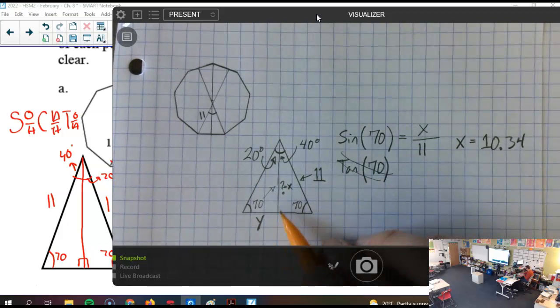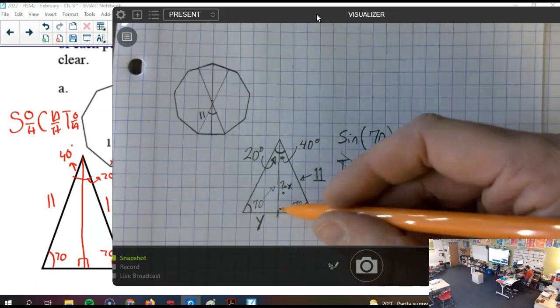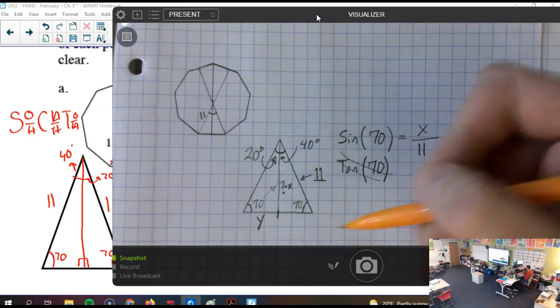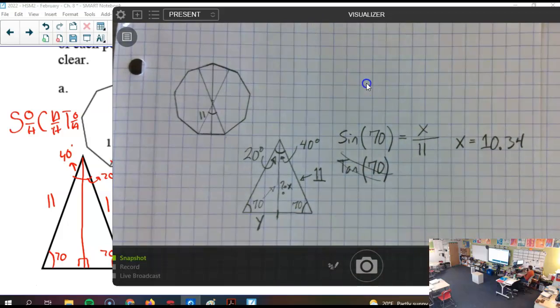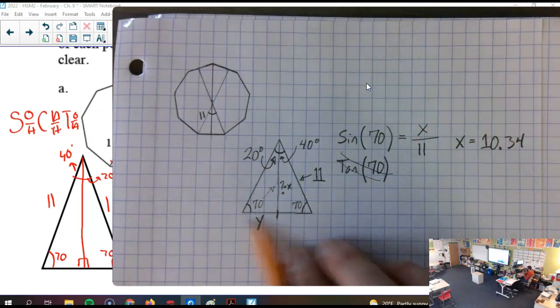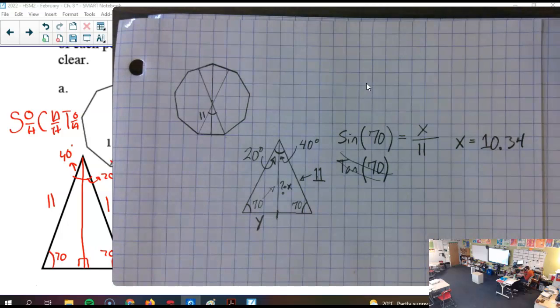All right, so you can either make y the whole length down here or half of the length down here. I'm just going to go, because the trig would involve just the leg of the right triangle, might as well make y the half. You can do 10.34 divided by 2.